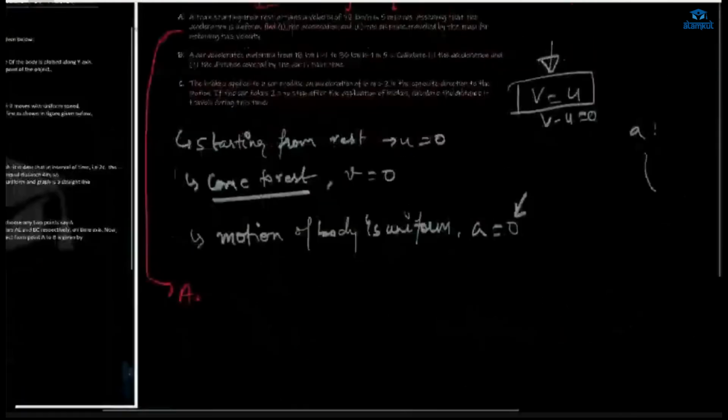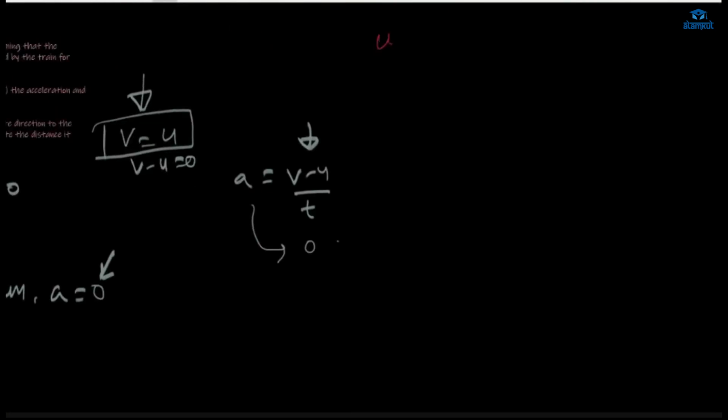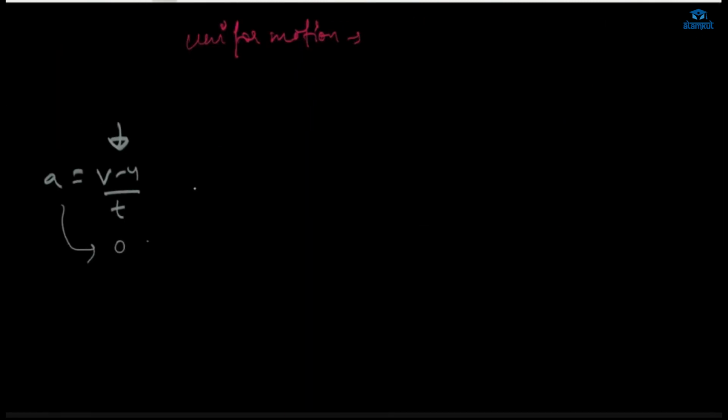Is that clear? If there is acceleration, whether uniform or non-uniform, no matter what, acceleration means the velocity is changing, and when the velocity changes, the uniformity of the motion gets lost.